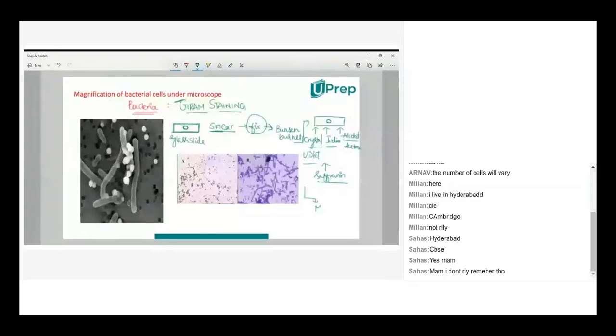If you go for further studies, you can have availability of electron microscope also. Now under microscope, keep the slide and observe under 10x.